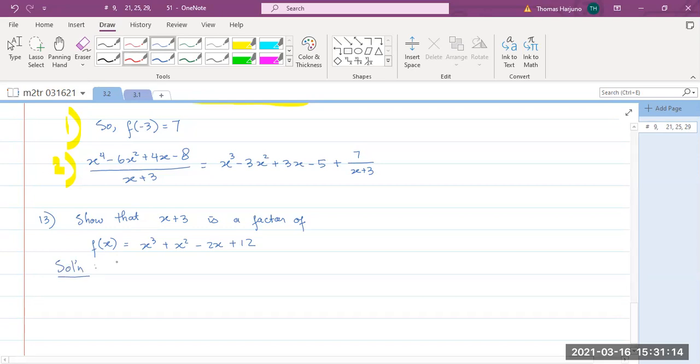Here's the idea. If x plus 3 is a factor of that polynomial f(x), maybe I write it aside on the right hand side so that you get the idea, then the remainder has to be 0.